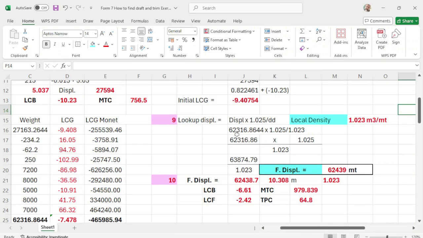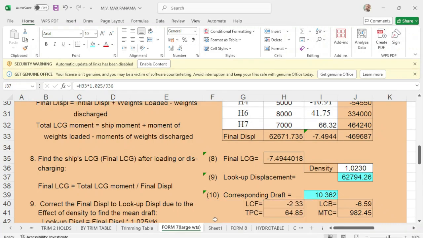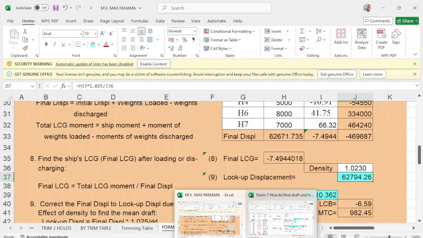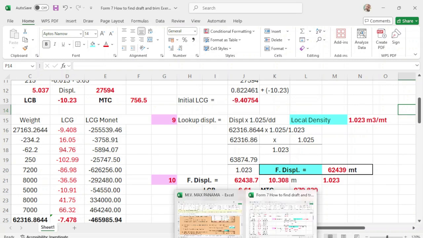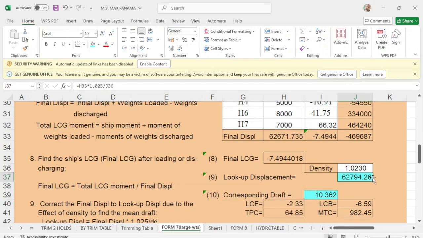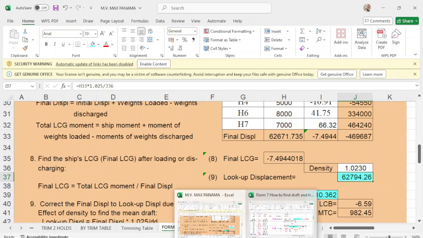So displacement of 2,3, this is what he does. Displacement times your 1.025 over your local density 1.023, and 1.023 here is J36. So this is how he got this formula, guys.